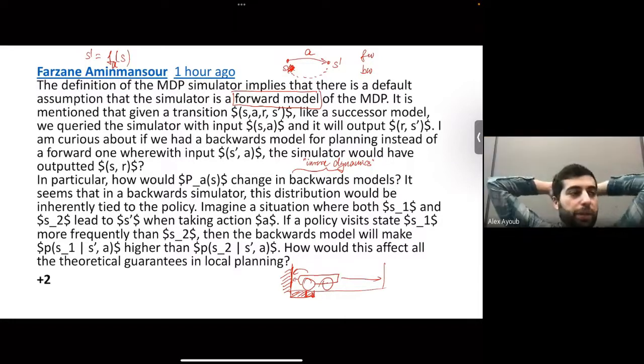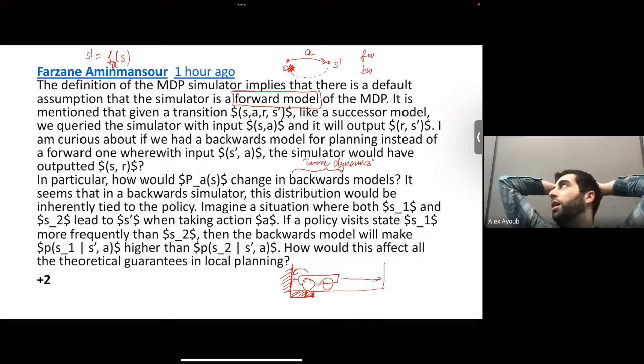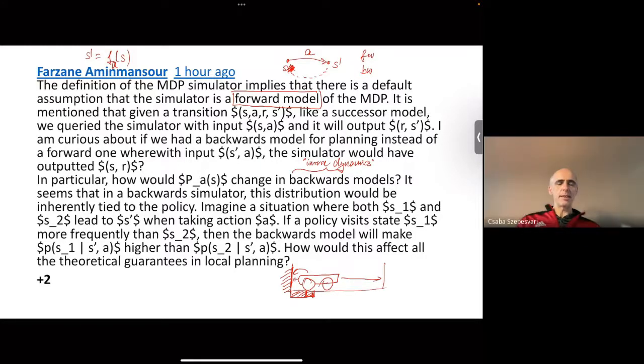So would the inverse be like a conjugate prior in this interpretation? Oh, if you have probabilities, then I have not the faintest clue. Oh, okay. Stochastic systems, it's well defined. If it's stochastic transitions, then I don't know.